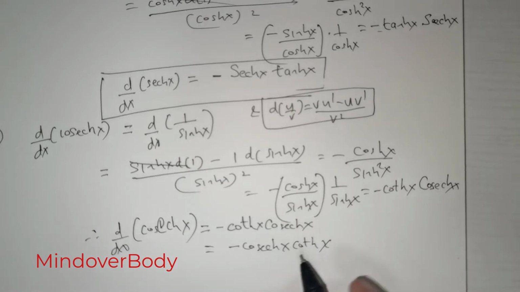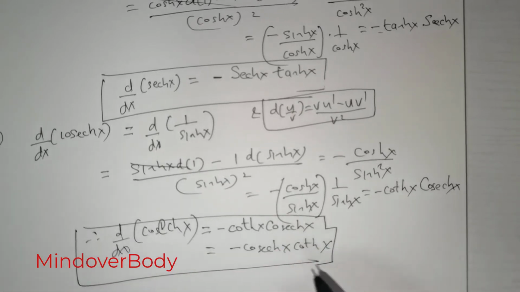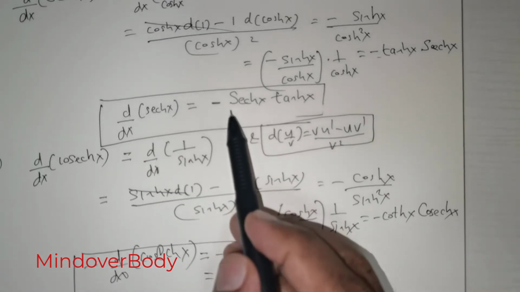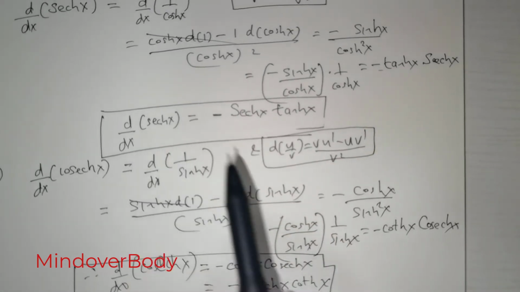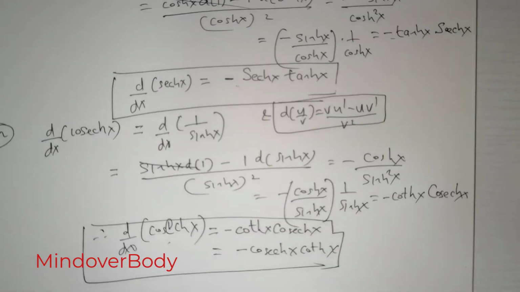Make sure to place the h. So we got a beautiful formula. Now did you notice one thing? Both the quantities, sech and cosech, have a negative sign. So these are the major hyperbolic functions and their differentiations, and we will move on to see the inverse hyperbolic functions and their differentiations.